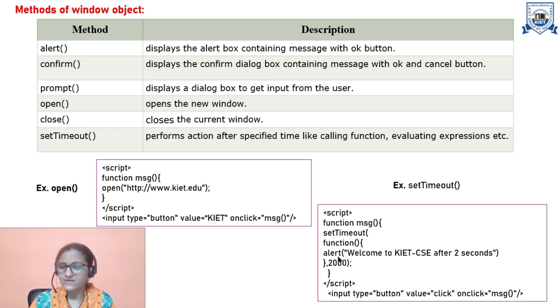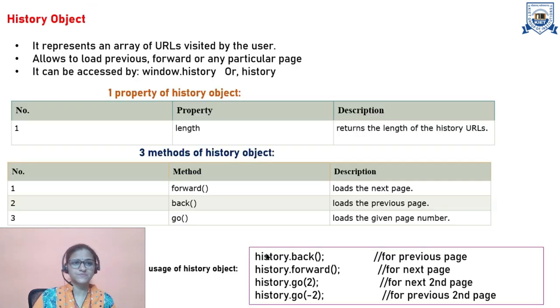So here we have created a button and performed a click event. As soon as we click it, this method is called, and it has decided its timeout period of 2 seconds. As soon as the time elapses, this window appears along with the message.